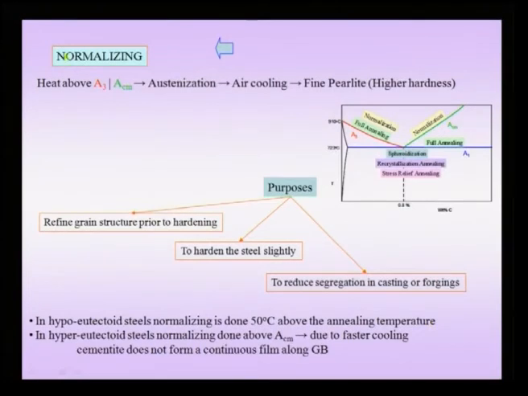So, in normalizing, you heat above A3, or ACM for hypereutectoid steel and A3 for hypoeutectoid steel, and you cause austenitization, that means the starting product is gamma. Then, as we have seen, you do air cooling, and air cooling produces fine pearlite with high hardness.